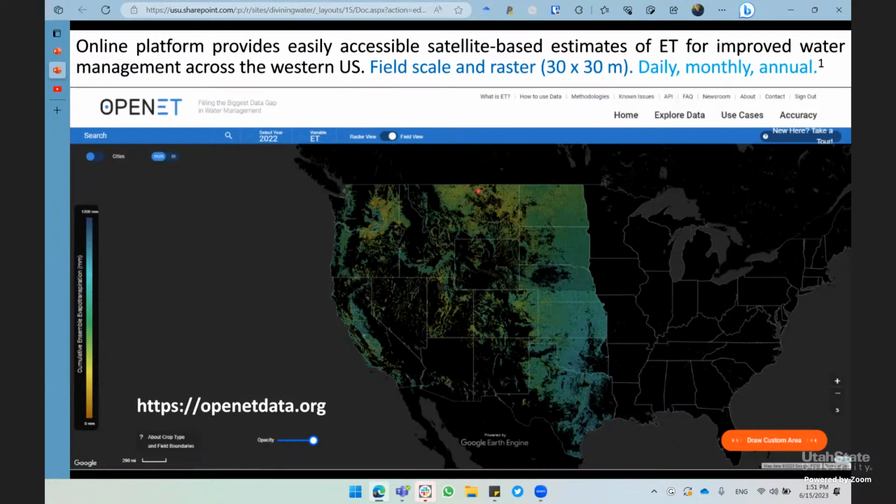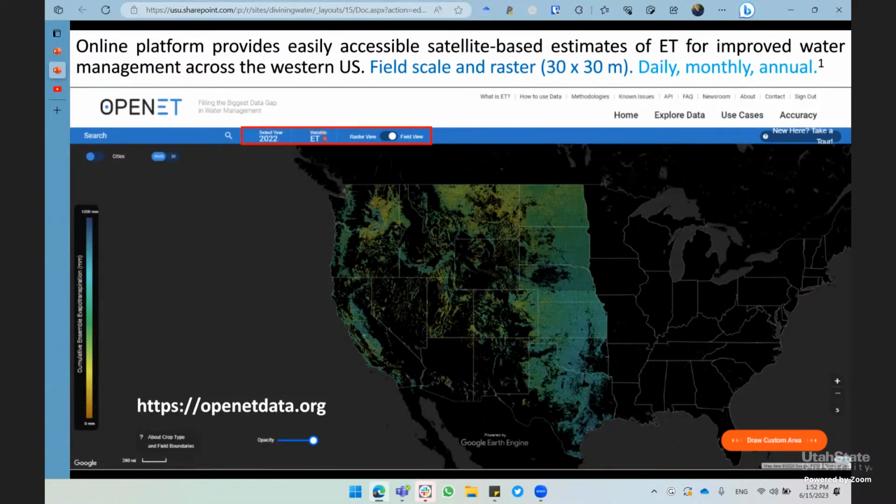It gives you information at field scale and in raster of 30 by 30 meters of resolution, and you can get information on a daily, monthly, and annual time basis. Here you can select the year of interest. Now it has information until the year 2022.